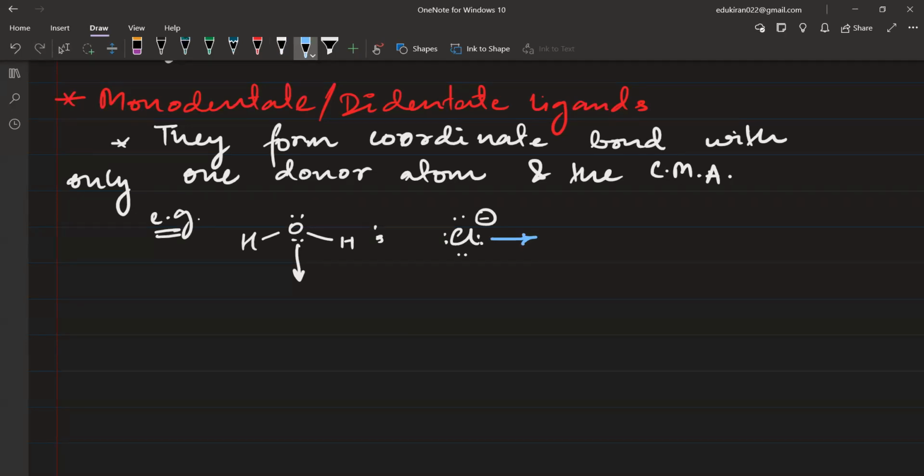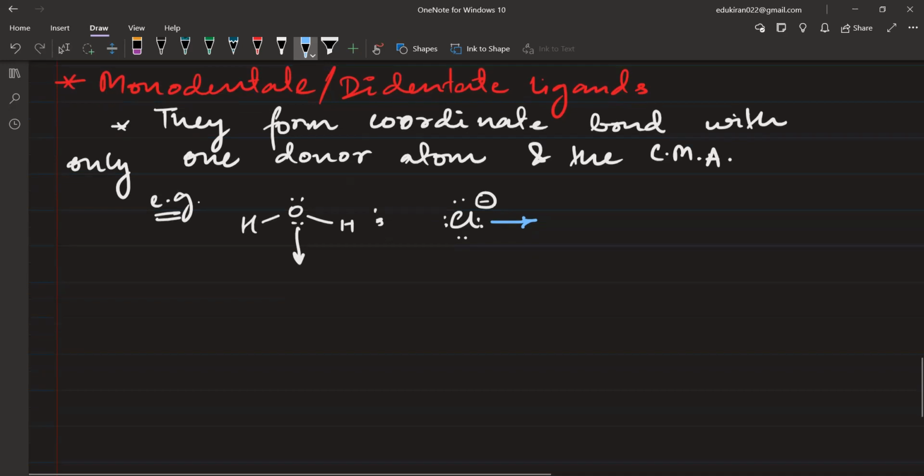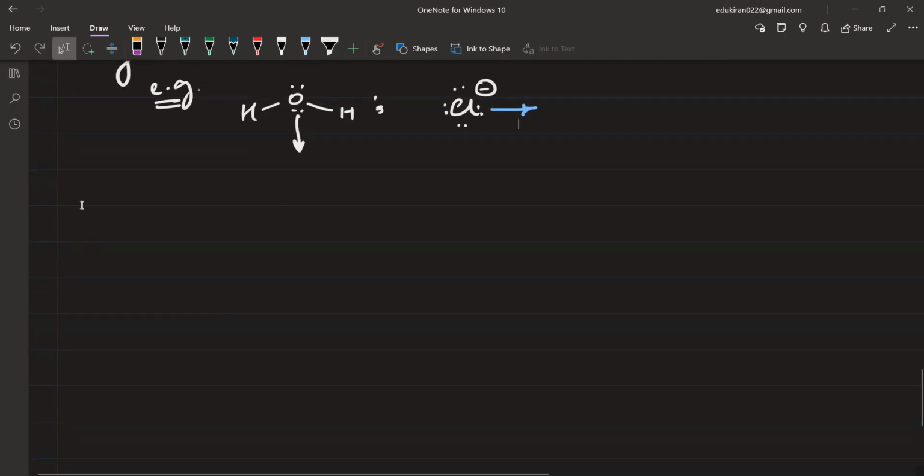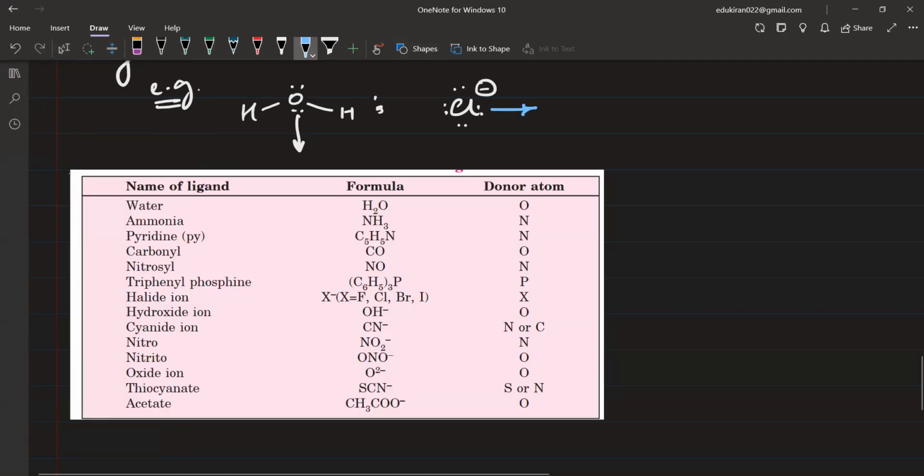No matter how many lone pairs you have, only one atom is going to form a coordinate bond with the central metal atom. So there are a few monodentate ligands. Please note this down. Raise your hand once you're done.